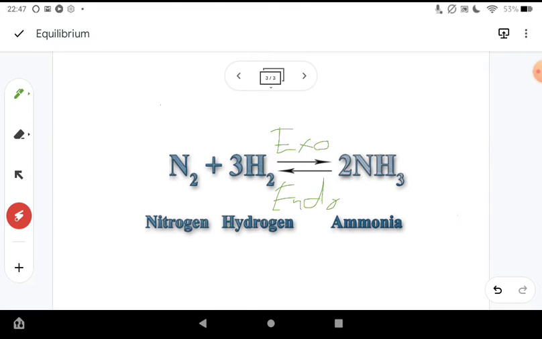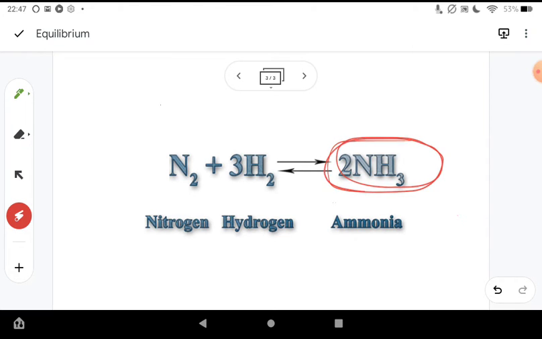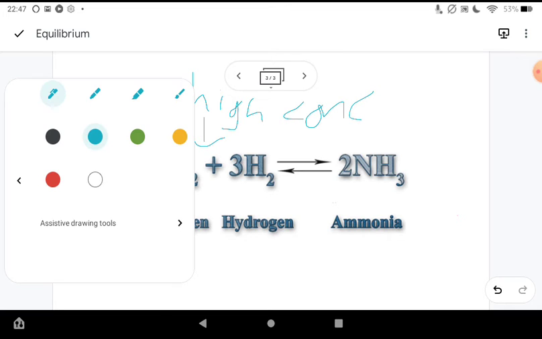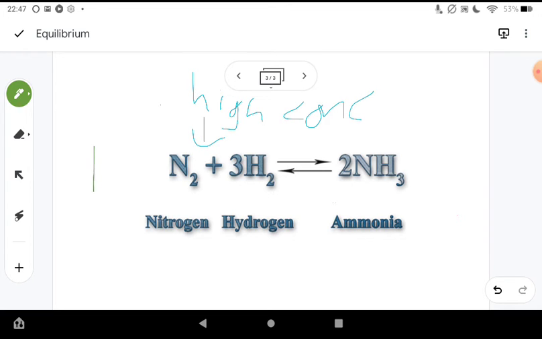All right. Now, something to bear in mind in this particular process, what's happening is we want as much of this as possible. Now, therefore, you would think that your conditions would be a high concentration on the left, high concentration of this, good. I would want high pressure as well because I've got fewer gas particles on the right, so that would favour the right hand side.